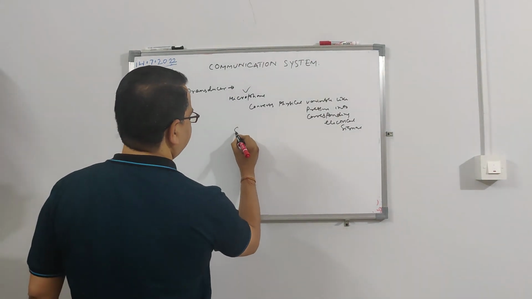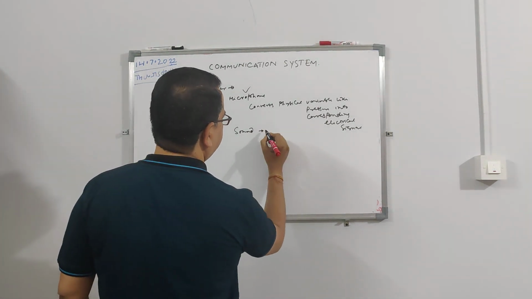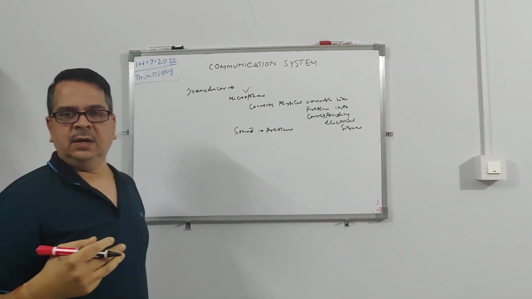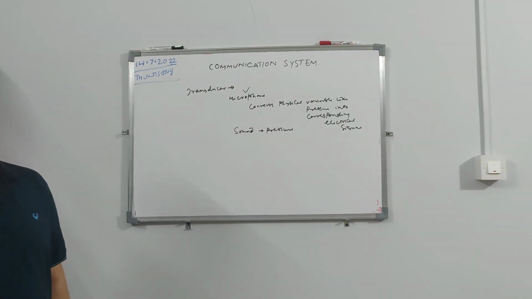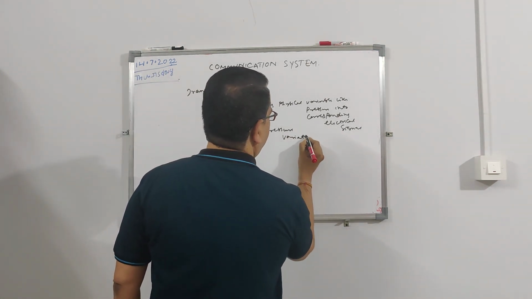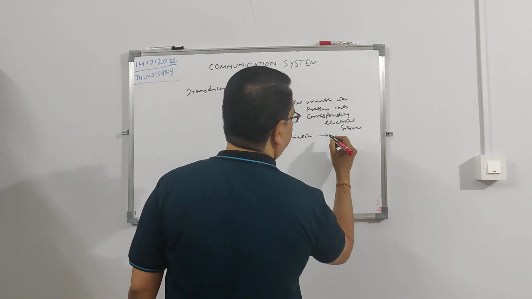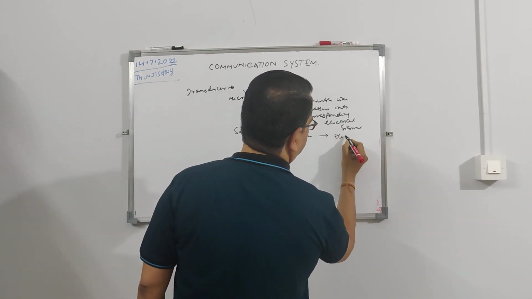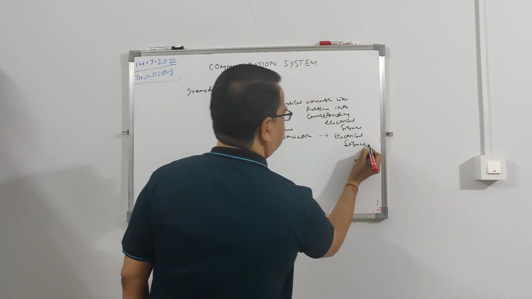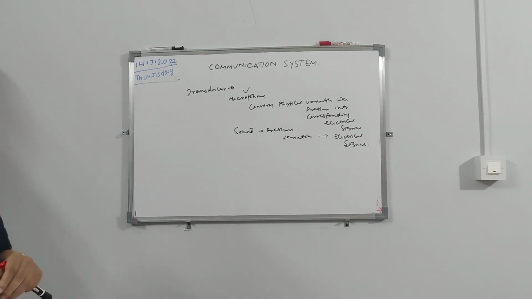Sound is nothing but pressure variation; we have studied it in physics. It is a longitudinal wave, and you have studied longitudinal and transverse waves. This pressure variation, using a transducer, gets converted to an electrical signal. So that is a transducer.